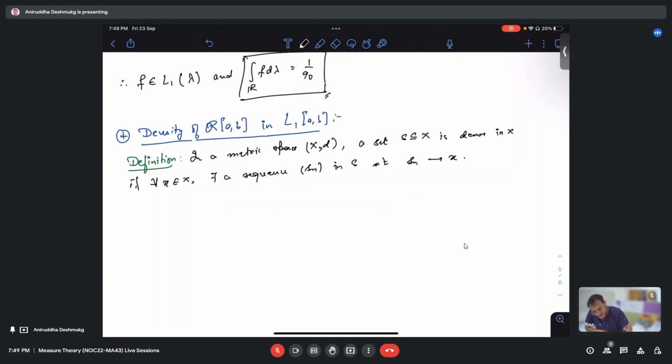Or equivalently, what some people say is that every point of X is a limit point of S.